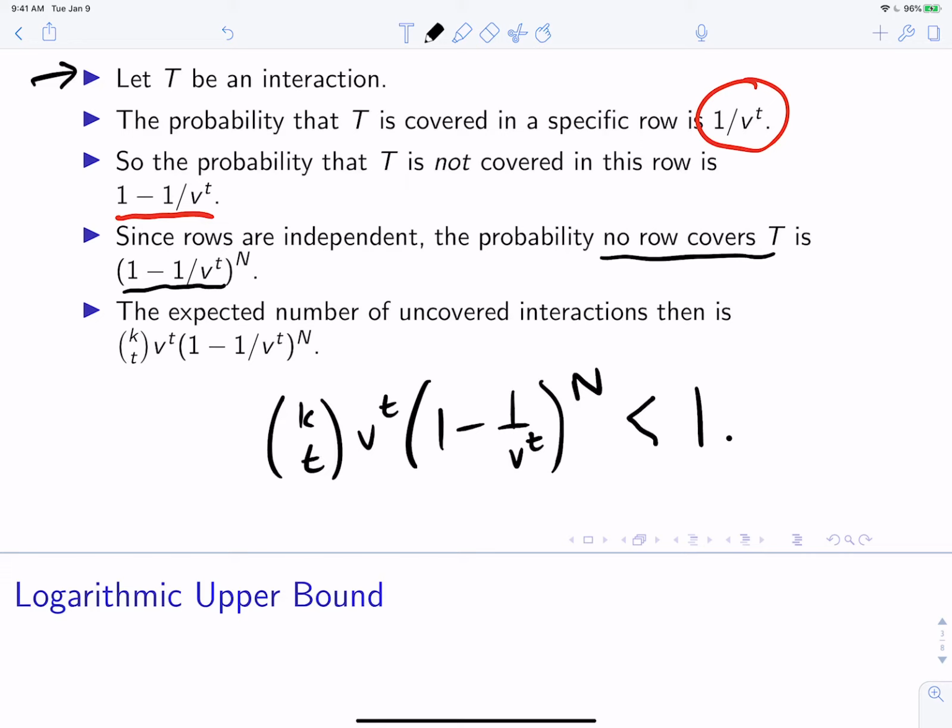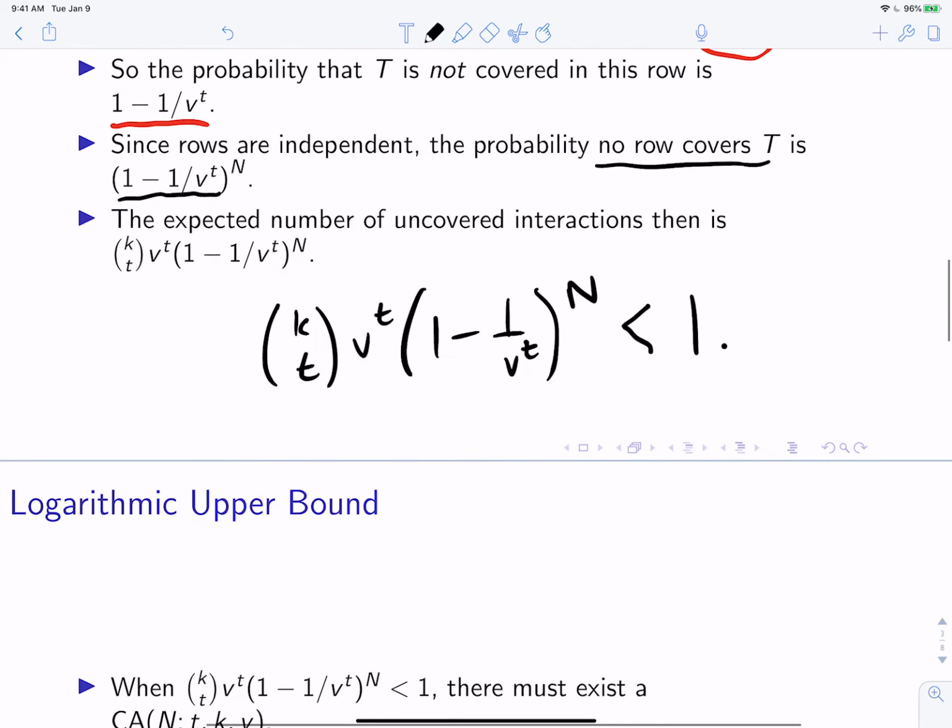This tells us if this is true, then the average is strictly less than 1, which means that there must exist covering arrays with no uncovered interactions, because the number of interactions left uncovered must be an integer. So this is actually quite striking, that as long as we assume this, then we can guarantee that some covering array exists on these parameters with n rows.